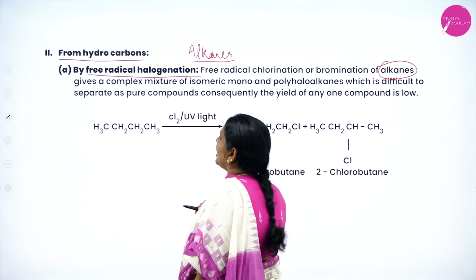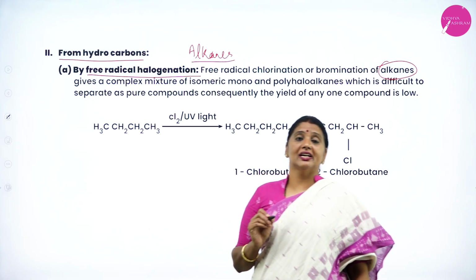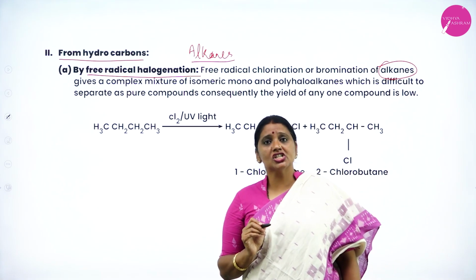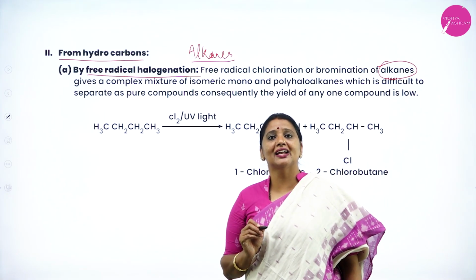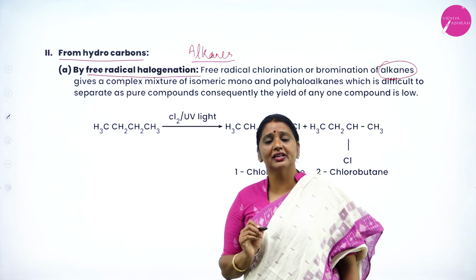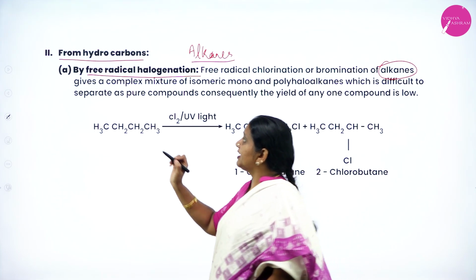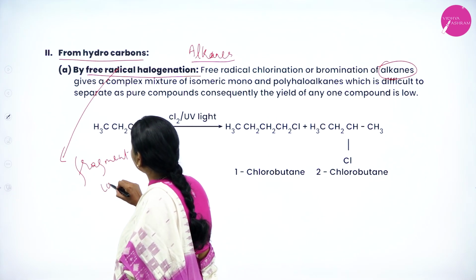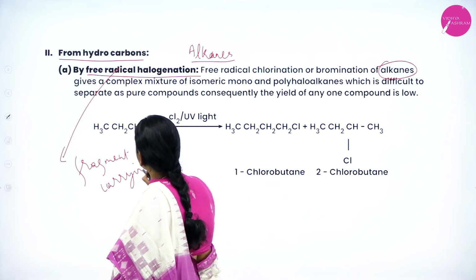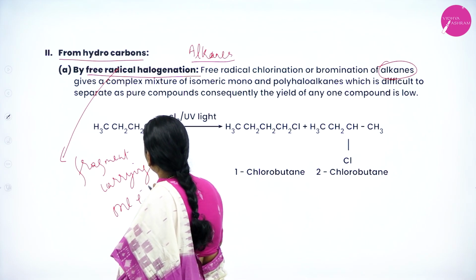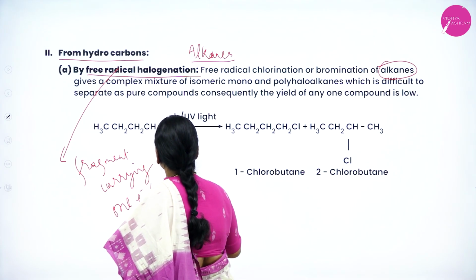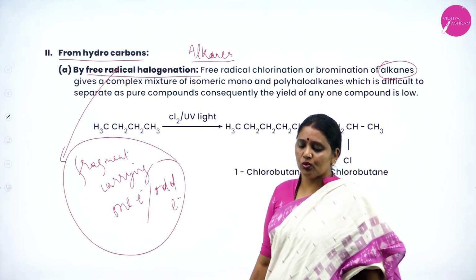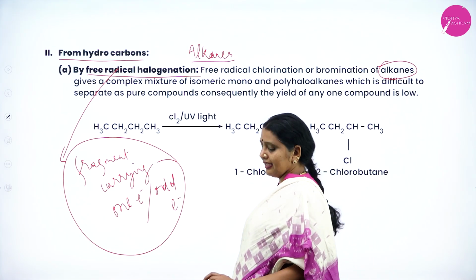Why is it called free radical halogenation? During this reaction, the reaction intermediate formed is a free radical. What is a free radical? A free radical is a fragment carrying one electron or odd electron.